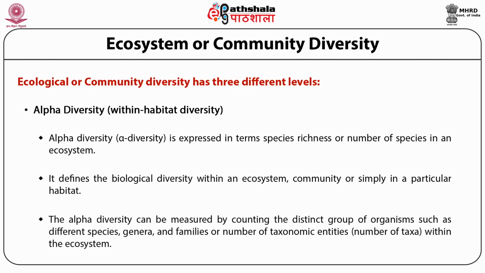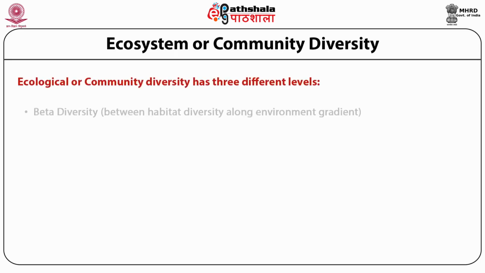The alpha diversity can be measured by counting the distinct groups of organisms, such as different species, genera, and families, or the number of taxonomic entities, the number of taxa within the ecosystem. Number two, beta diversity, between habitat diversity along environmental gradient.